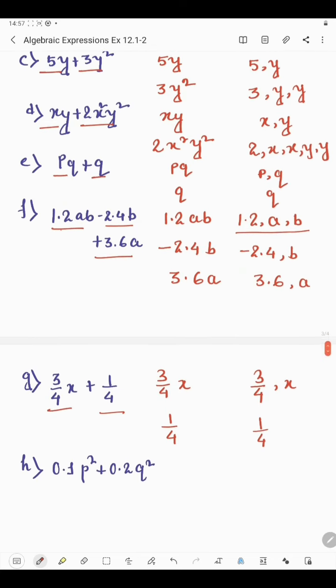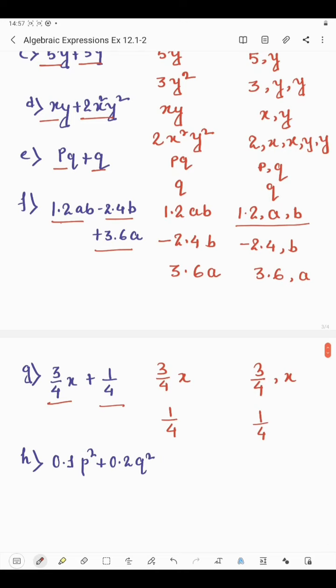Now in the last part we have 0.1 p square plus 0.2 q square. So here we have two terms again, 0.1 p square and 0.2 q square. So to get the factors, we'll just break this number. Like here we have 0.1, comma p square. Here we have been given p square. So p square means p is there two times, so p comma p.